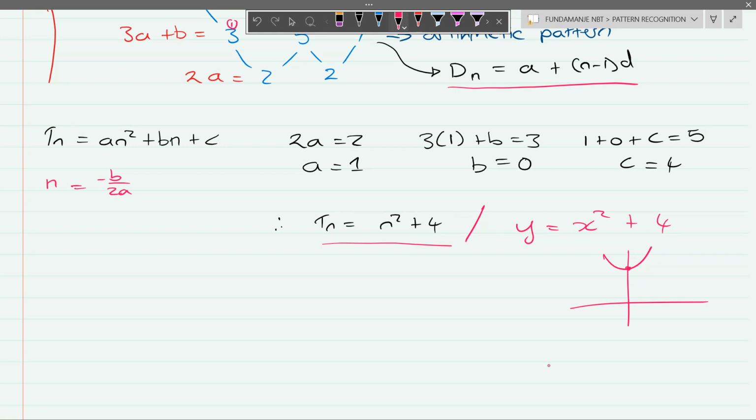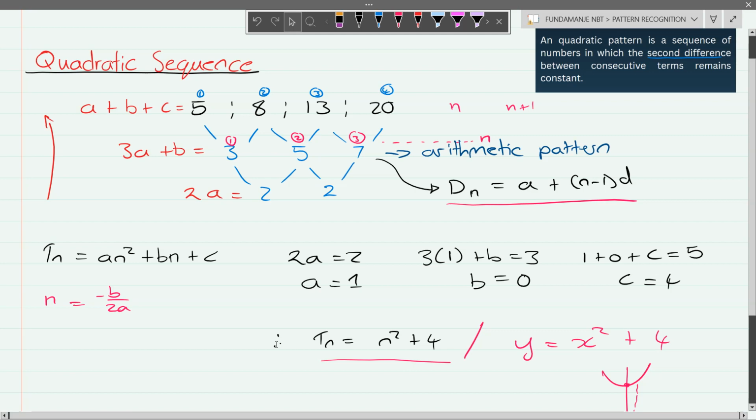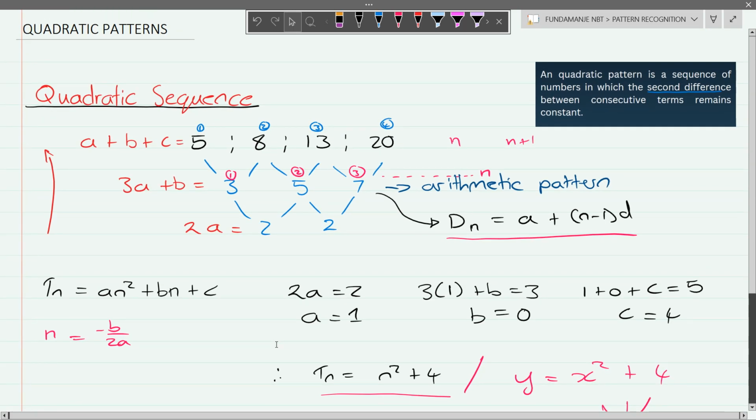Since this is a pattern, it's not defined for when n is 0, because 0 is not a position. We start from 1 going onwards. So with this one, the minimum value would be at 1. But that's another nature you also have to be aware of. You need to be aware of the functional nature and the arithmetic nature of a quadratic sequence.